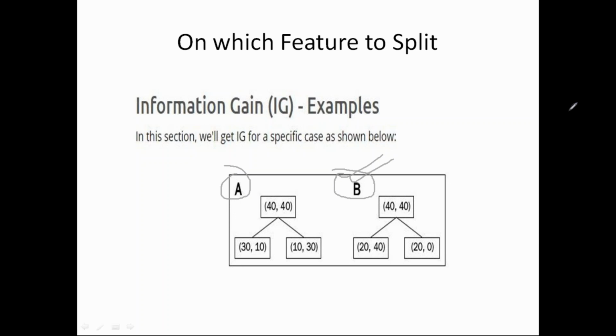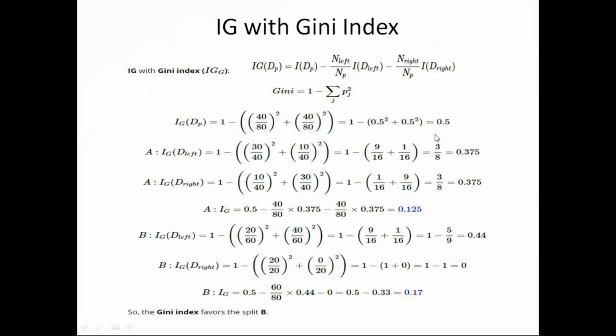B is better. Now we will go to the information gain. So this is information gain with Gini index.